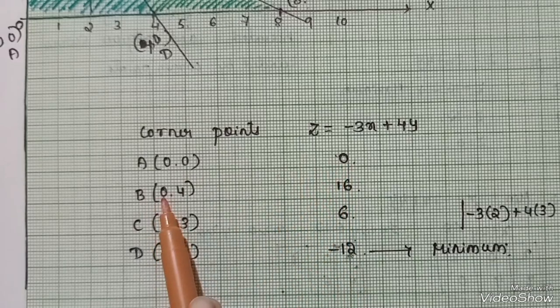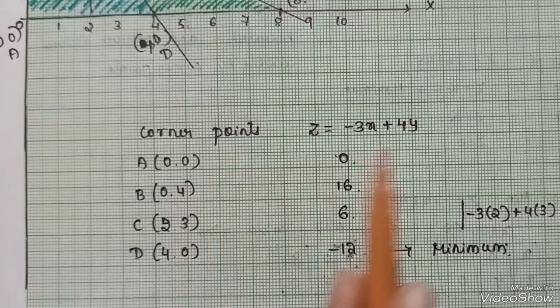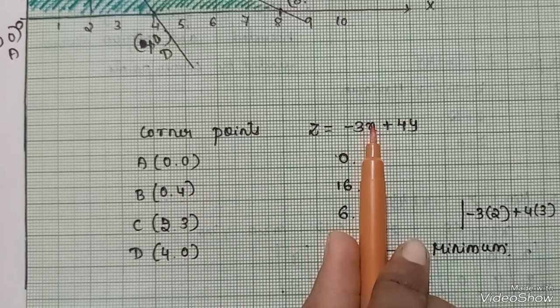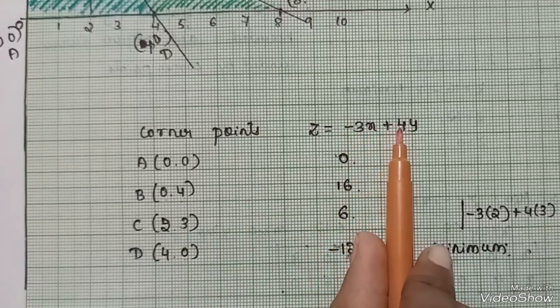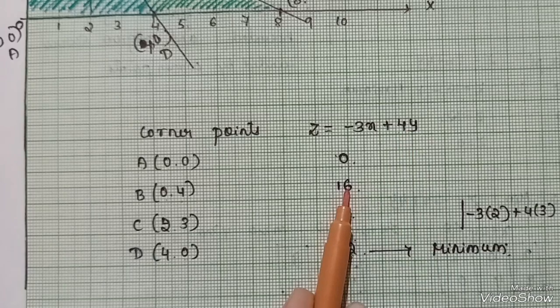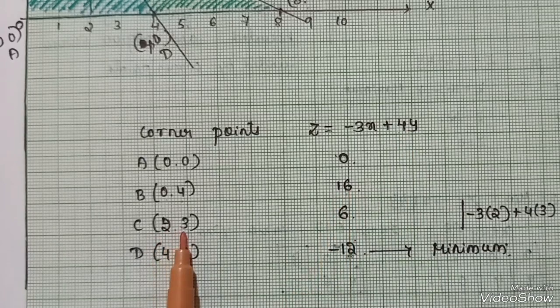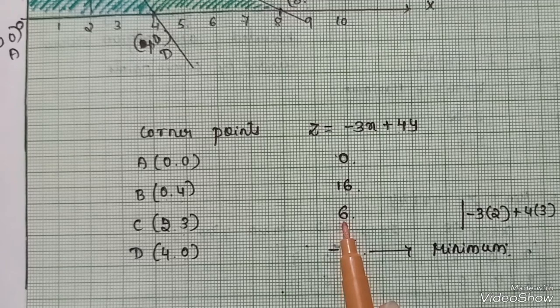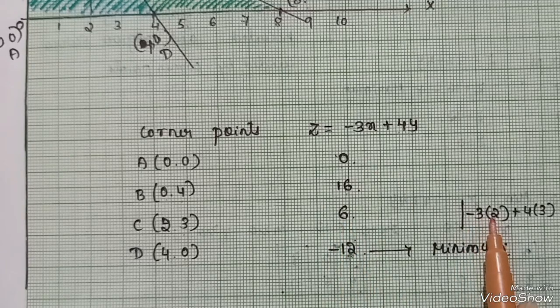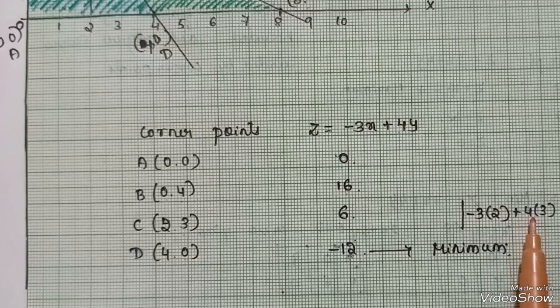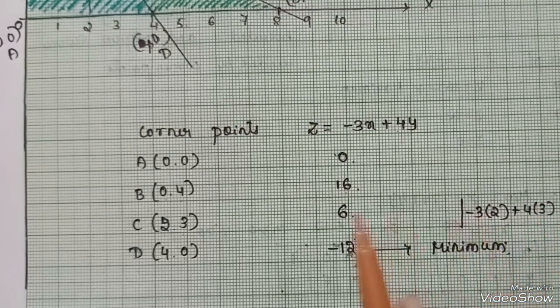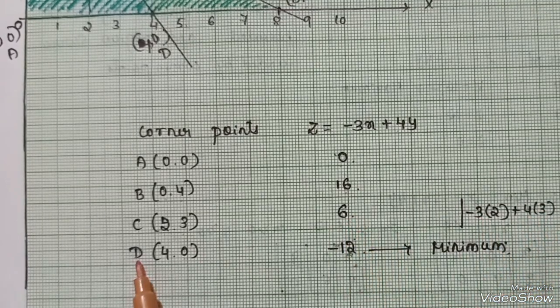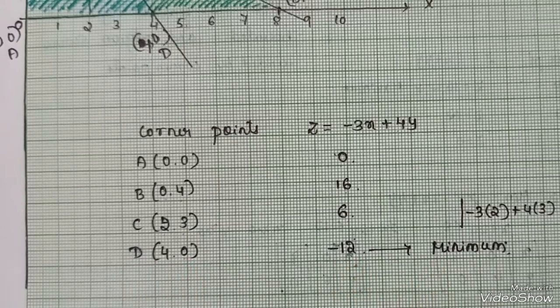Again, when x is 0, y is 4: the x term becomes 0, 4 into 4 is 16. Again, 2 comma 3, the coincident point: x is 2, minus 3 into 2 is minus 6, y is 3, 4 into 3 is 12, 12 minus 6, we get 6. At point D, 4 comma 0, it is minus 12, which is minimum.